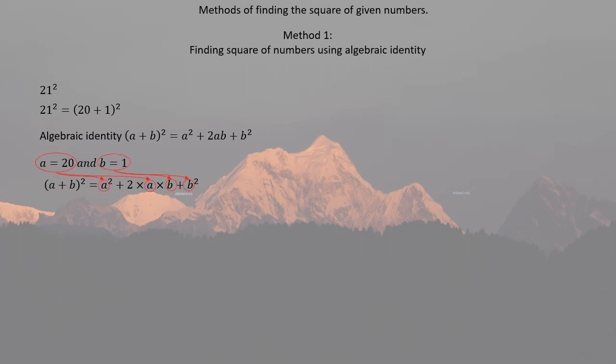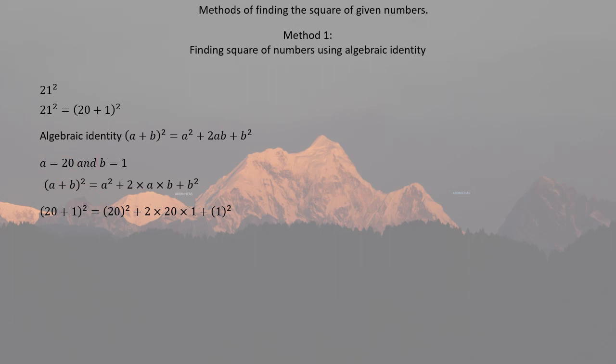So in place of a and b we'll be replacing the numbers 20 and 1. So 20 plus 1 whole square equals 20 square plus 2 into 20 into 1 plus 1 square, because a is 20 and b is 1.